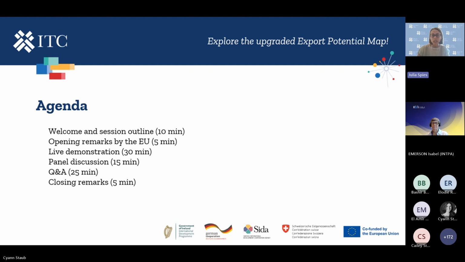And we believe that the Export Potential Map, along with some of the other ITC market analysis tools, can serve as such a compass. As you know, the Export Potential Map helps identify traditional and new markets with growth potential, as well as products for diversification. And this is precisely what is needed today, right? We need to diversify our economies. We need to unlock trade potential that hasn't been fully explored yet.